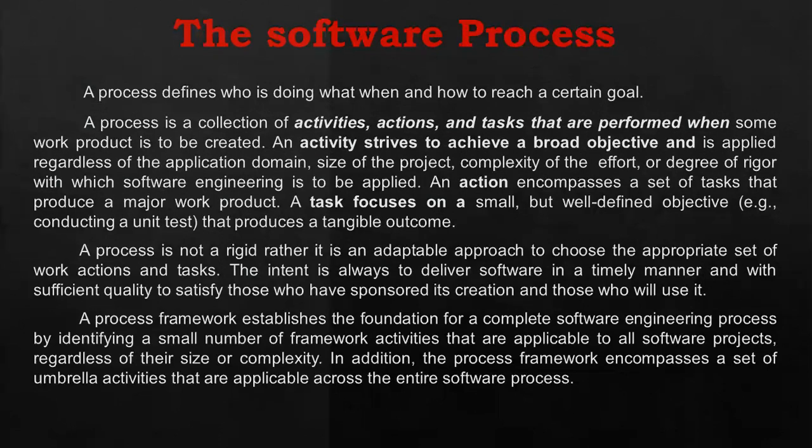So any software process must include the following 4 activities. The first one is software specification and requirement engineering, which defines the main functionalities of the software and constraints around them. And in the second, we need to do design and implementation. That is, the software is to be designed and it needs to be programmed.